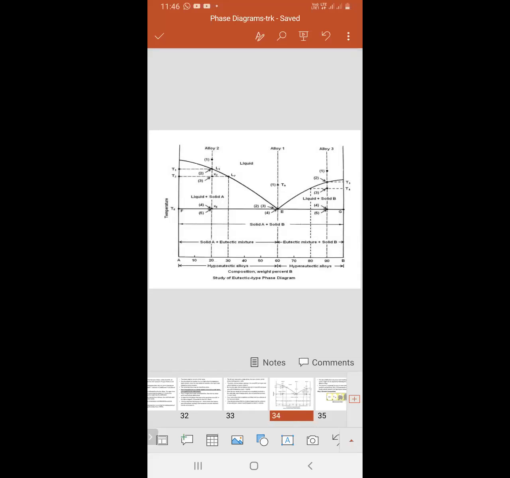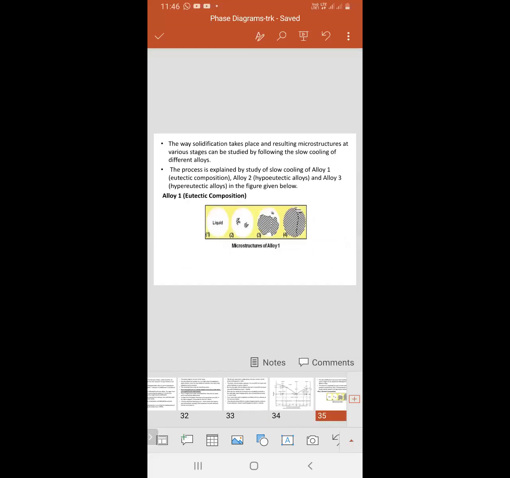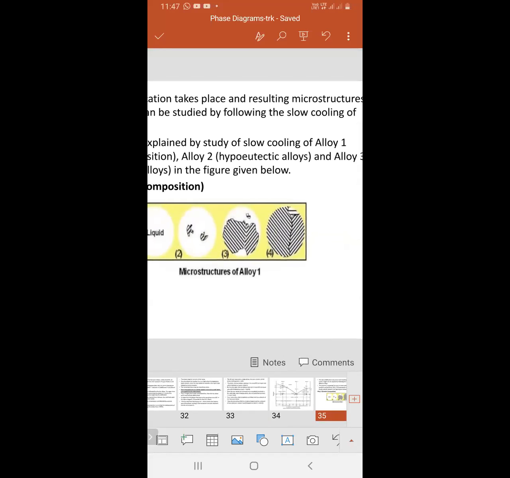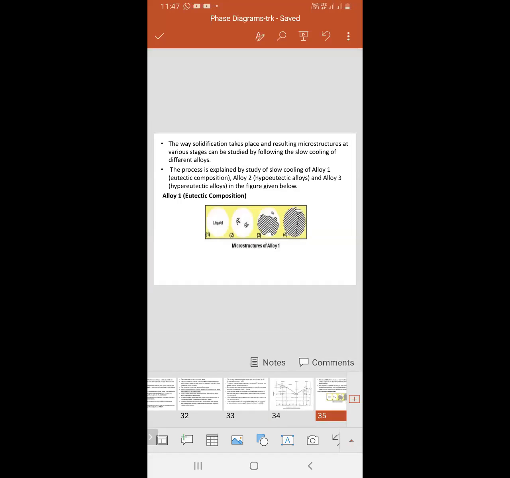Next class we will discuss how the phases change. First is the liquid, next is liquid plus solid, next also liquid plus solid but liquid is less and solid is more, finally the total will be solid.